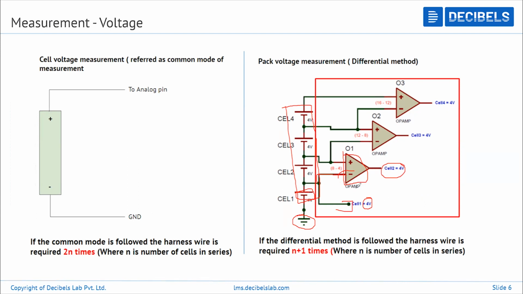As an advantage, when you are reading the voltage of the cell, there will be an error at each signal line. With this approach, you can eliminate that error.